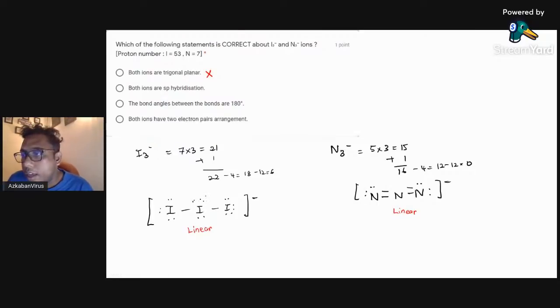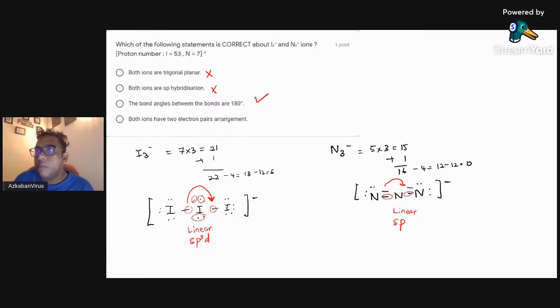Let's look: there are 1, 2, 3, 4, 5, so it is sp3d. This one has 1 sigma, 2 sigma, so this is sp. So this one is also wrong. The bond angle is 180. Correct, the bond angle is 180. Both ions have 2 electron pair arrangement. Wrong, this one has more than 2. So the answer is this one.